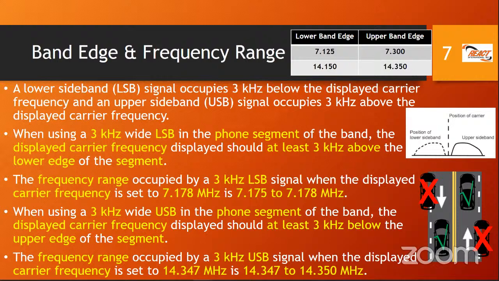I'll be using the concept of a car on a roadway in a lane to illustrate that we need to stay in our lane. Therefore, as an amateur radio operator, we also need to stay within the frequency range and not go outside of the band edges.